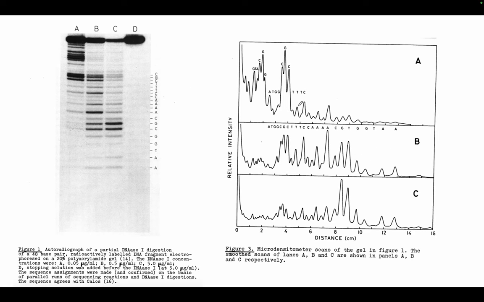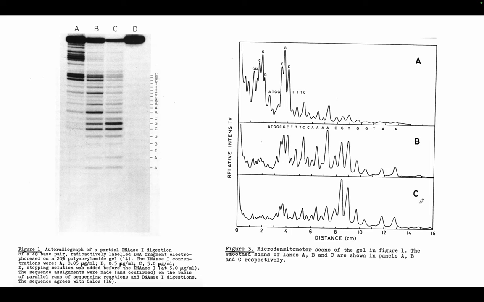Here you can see in A, where I have incubated it for less time, all of the bands are up here, so not much cleavage has taken place. So most of the density is here. And as I start increasing incubation time, we start getting smaller products, so the intensity starts moving like this.